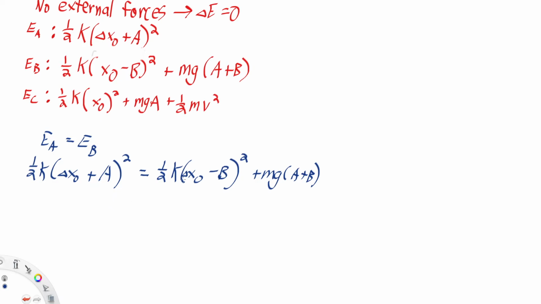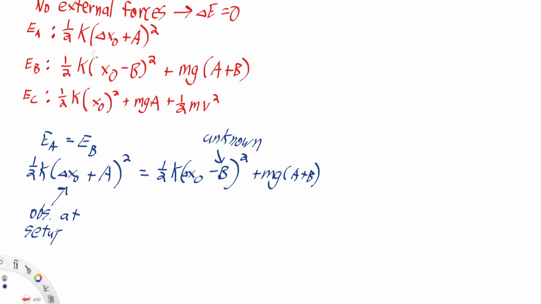Okay, so in this expression, our only unknown is really b, right? x naught we could have observed at setup when we added a mass to the spring.